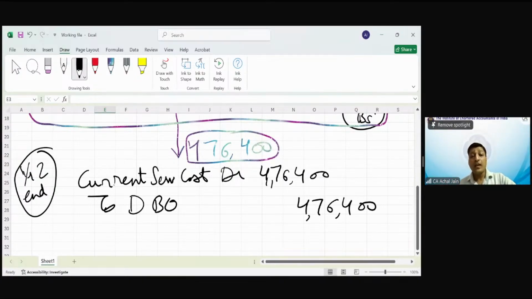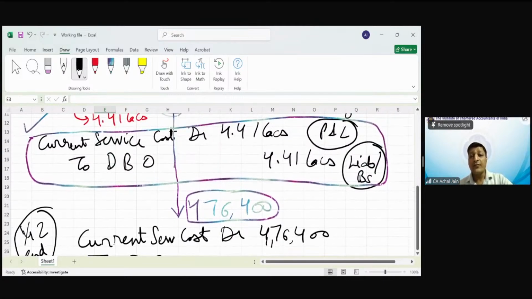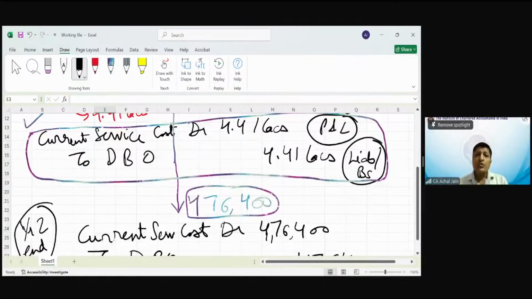Now you may be thinking, but sir, DBO we recorded in the first year also. Yes. So every year you'll have some cost for which you will book a liability. So at the end of second year, one is your liability of 4,41,000. On this liability of 4,41,000 also, you are required to book an interest. For what period?